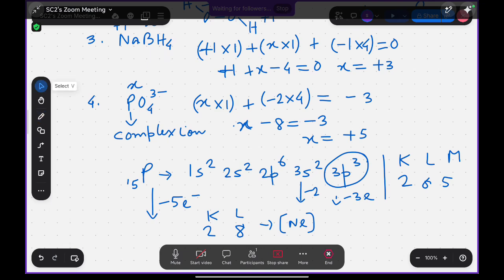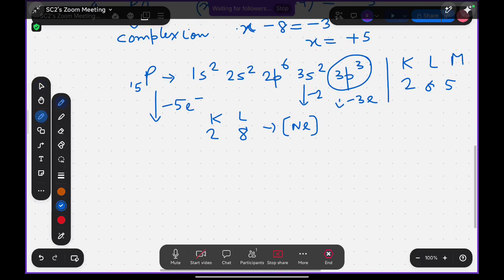Now let's come to a little different example. Say, for example, I want to calculate the oxidation state of sulfur in H2SO5. The common name of this molecule is Caro's acid. Now, if you are asked to calculate the oxidation state of sulfur, let's see what happens if we choose the oxidation state of oxygen as -2.